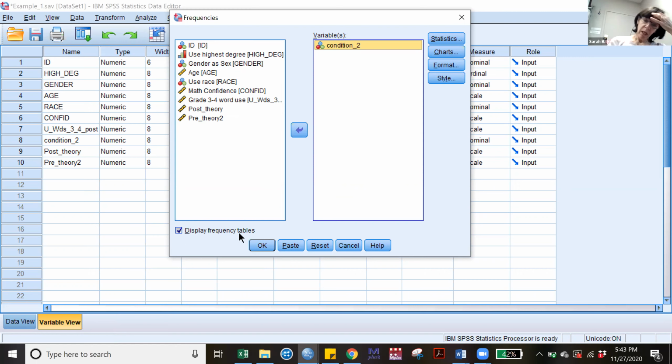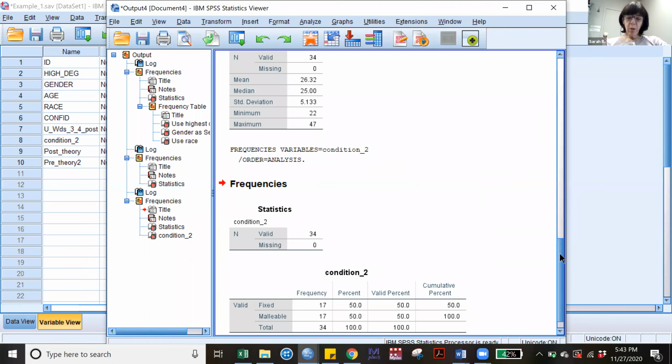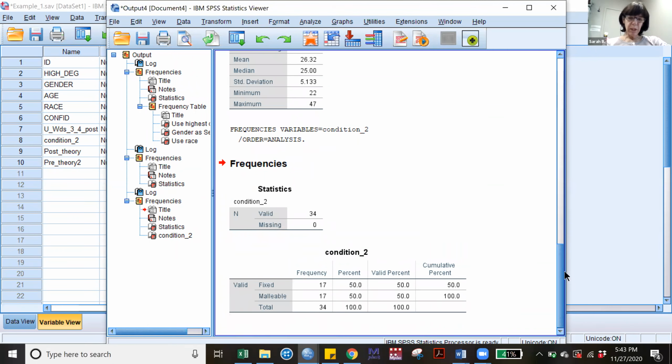That's what I want. And by resetting, I cleared all the previous settings. So all we wanted to know here is whether everyone participated and whether it was balanced in that the two groups, whether fixed or malleable condition, were equal in number, and they were.